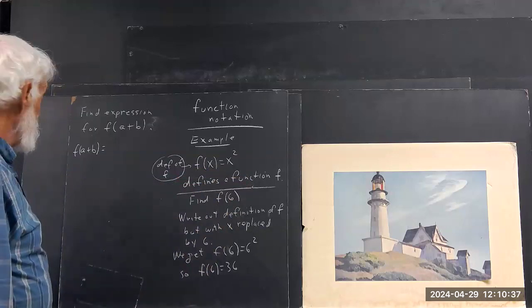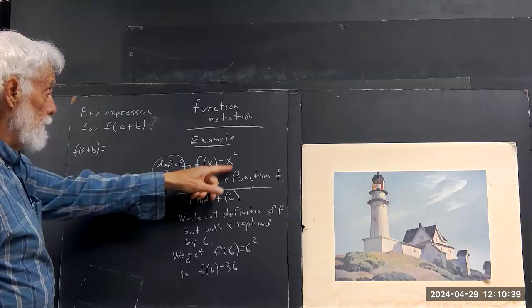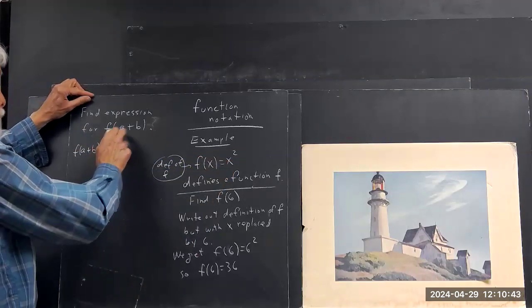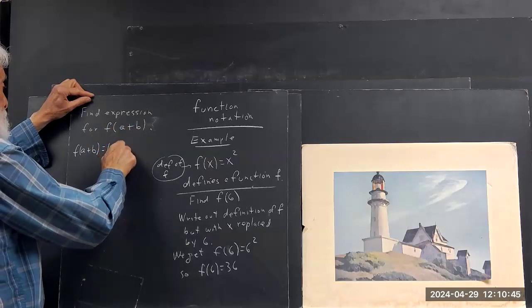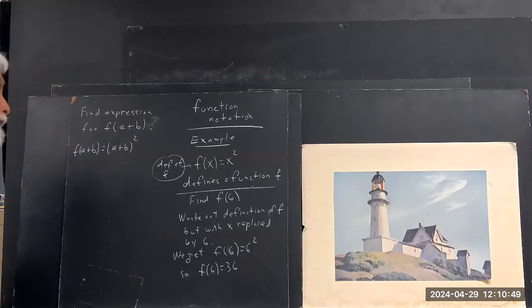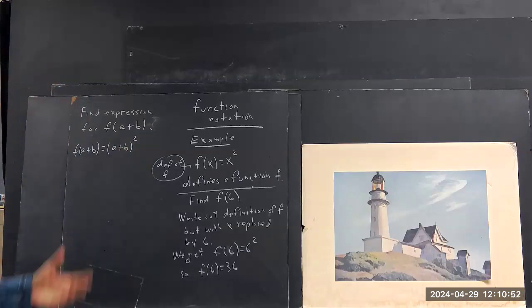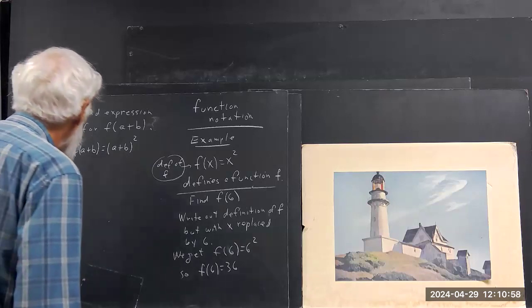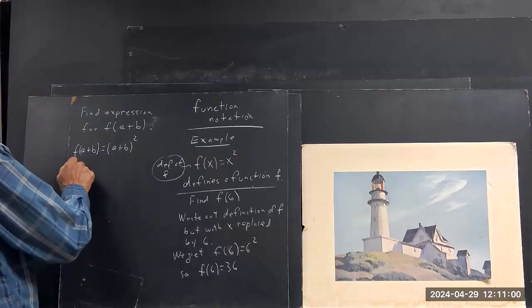Definition says that whatever's in parentheses here is going to get squared. Okay, now what's in parentheses? A plus b. Now people go on and say, oh, that's equal to a squared plus b squared, but it's not. Okay, equal to a squared plus 2ab plus b squared.